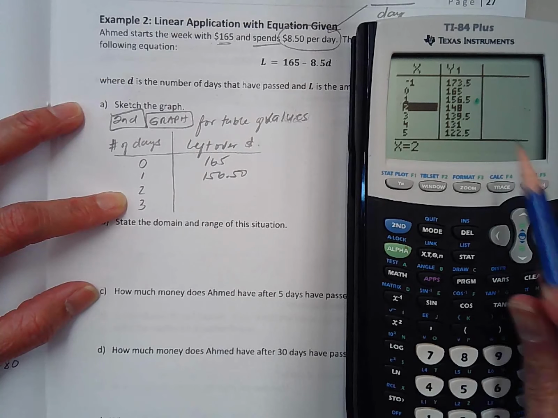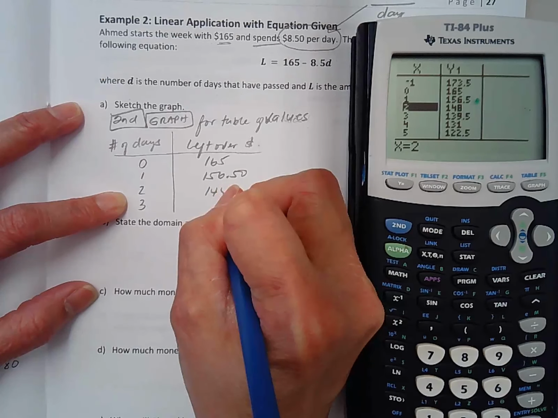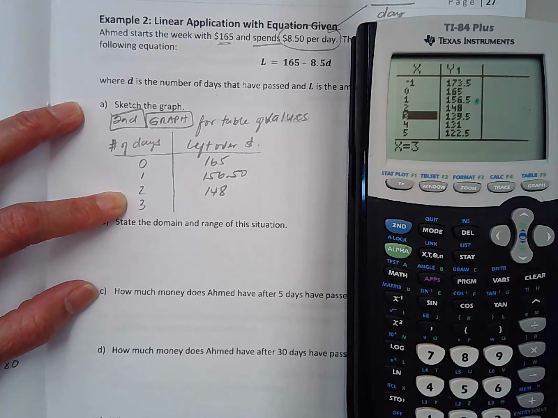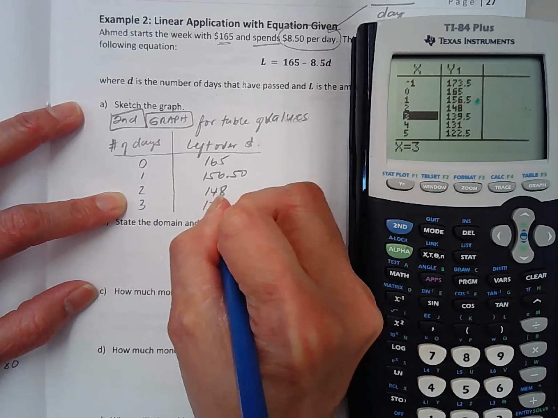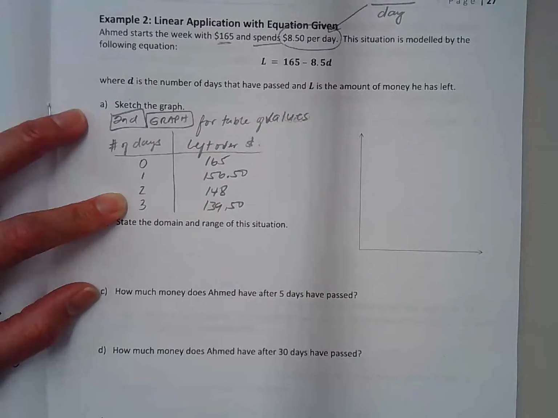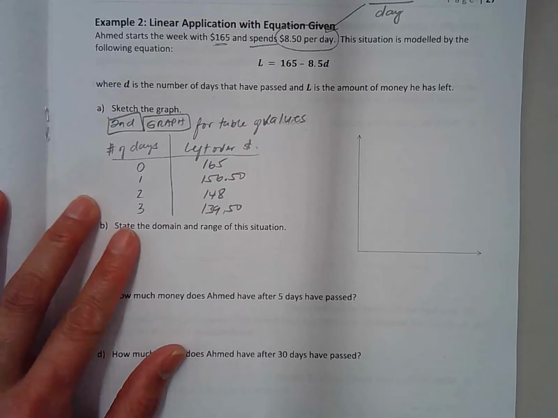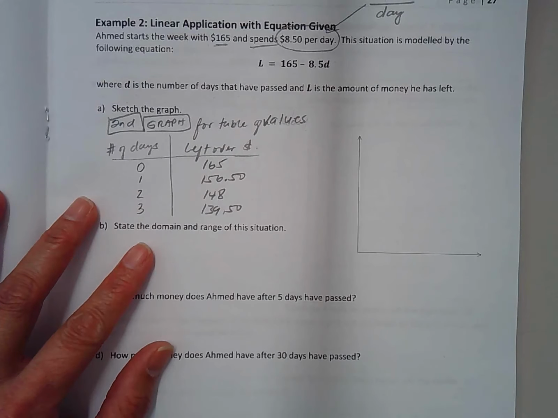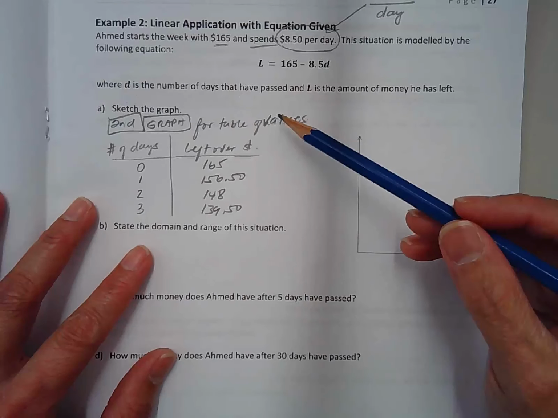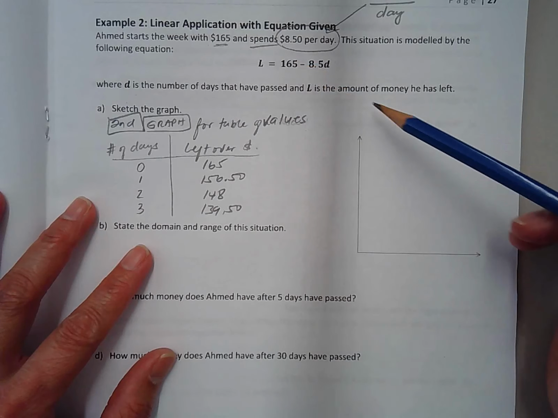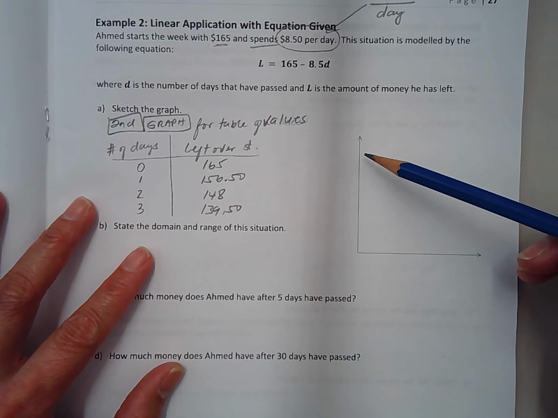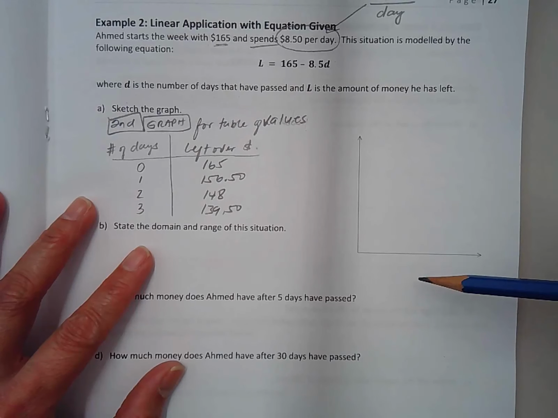At 2 days, it's going to be 148. At 3 days, 139.50. Now, what's the pattern in here? This is going to be a linear pattern, right? It's linear, slope going down because the money is getting less and less.